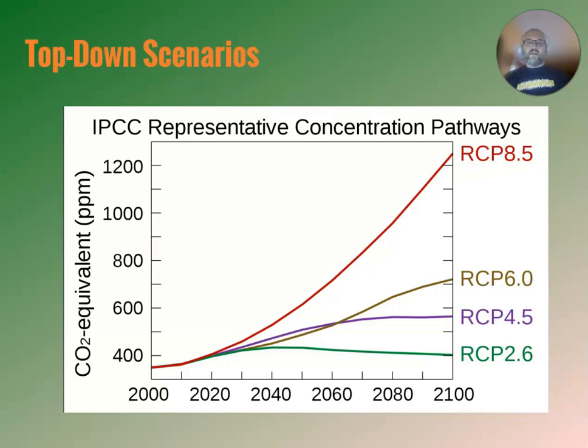So we can see, in order to get to 8.5 watts per meter squared radiative forcing by 2100, what amount of CO2 would need to be emitted over the course of the century to get there, and likewise for the other RCPs, representative concentration pathways. So this is showing you that second step of taking our target of radiative forcing and calculating how we would need to get there in terms of the greenhouse gases we emitted.